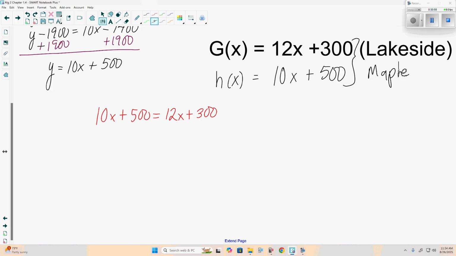What can we do first? We can subtract 300 from both sides. On the right-hand side, we still have our 12x, but 300 minus 300 is 0. Left-hand side will have the 10x, and 500 minus 300 is 200.